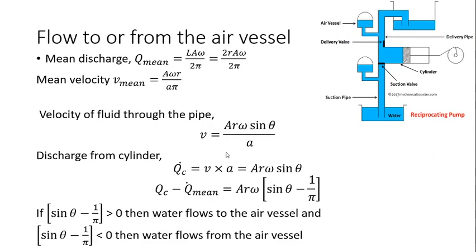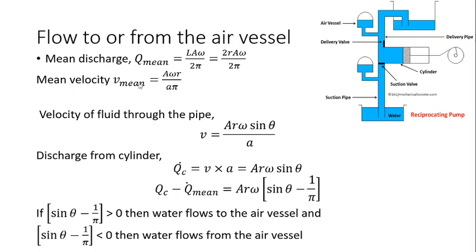Now, the flow to or from the air vessel. We know that the mean discharge, Q mean, is equal to LA omega by 2 pi, and L is nothing but 2R, where R is the radius of the crank. So 2RA omega by 2 pi gives A R omega by pi.